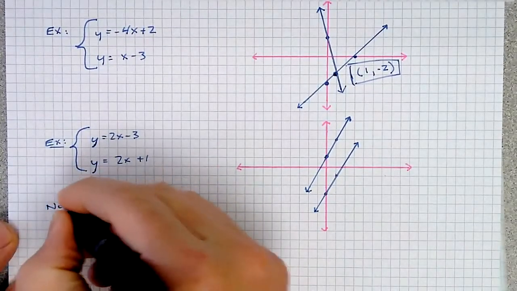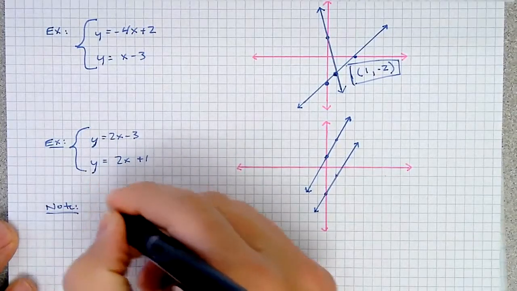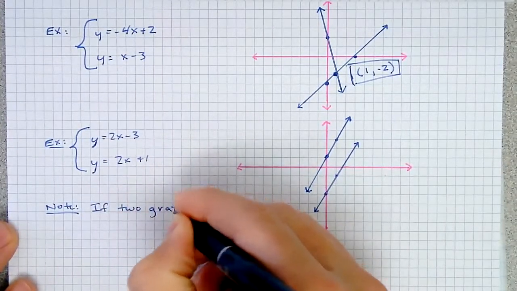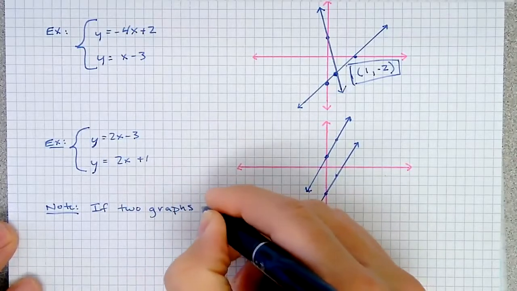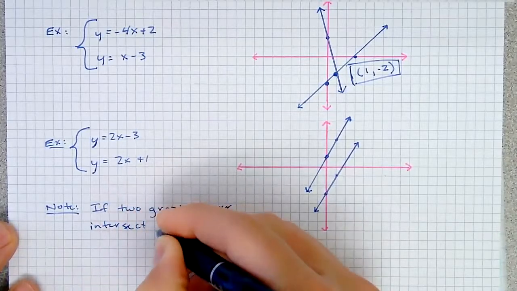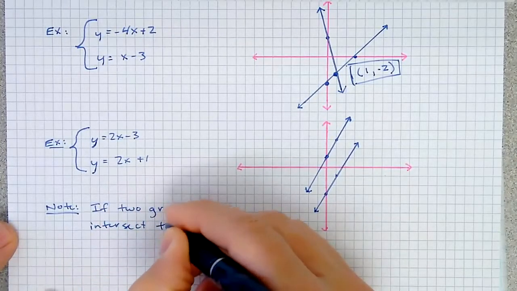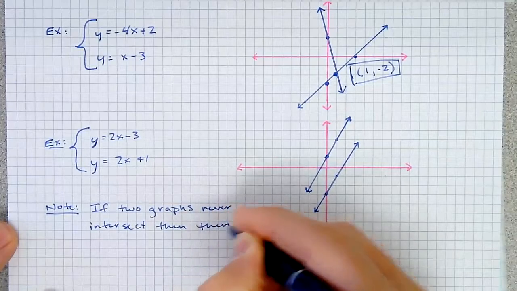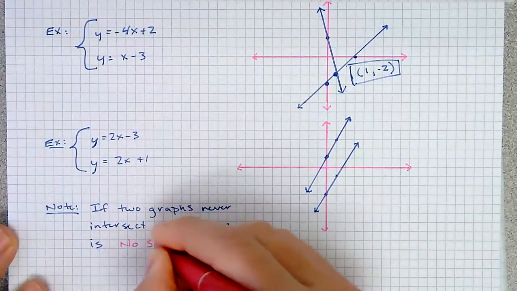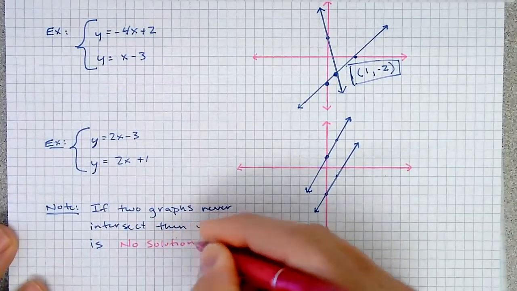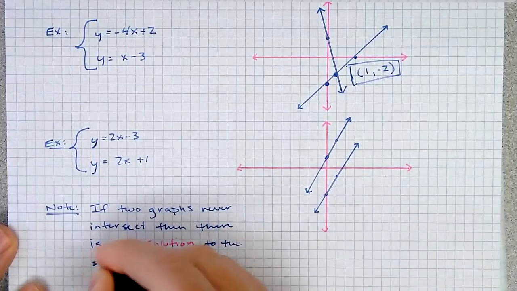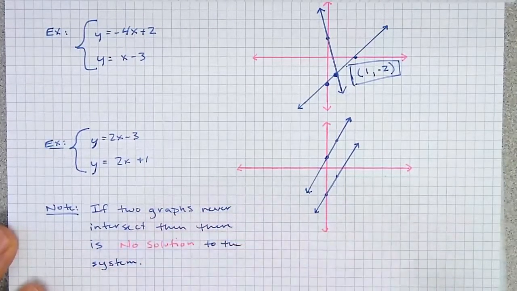So what that means is if two graphs never intersect, then there is no solution to the system.